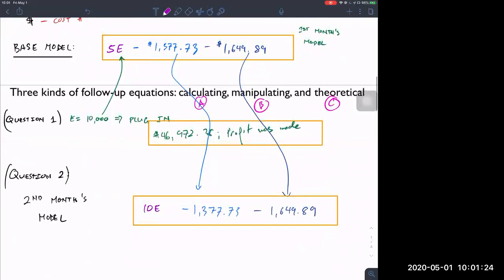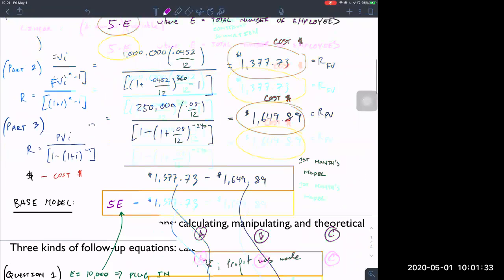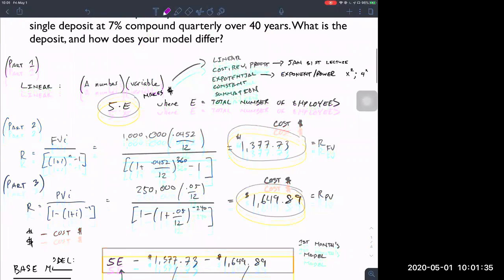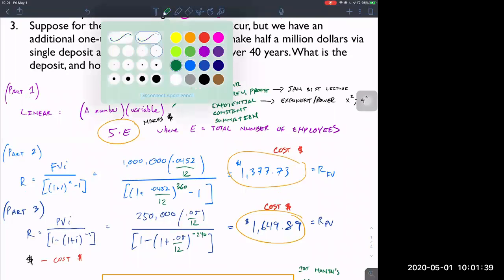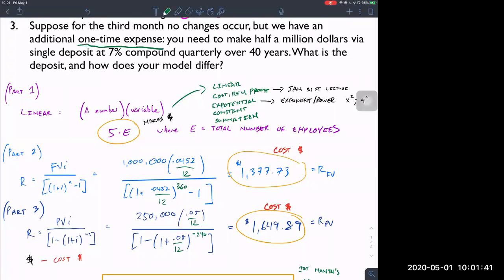So that means you have the same model from the second month. But now it says you have an additional one-time expense. Okay, you need to make $500,000 with a single deposit at 7% compounded quarterly over 40 years.